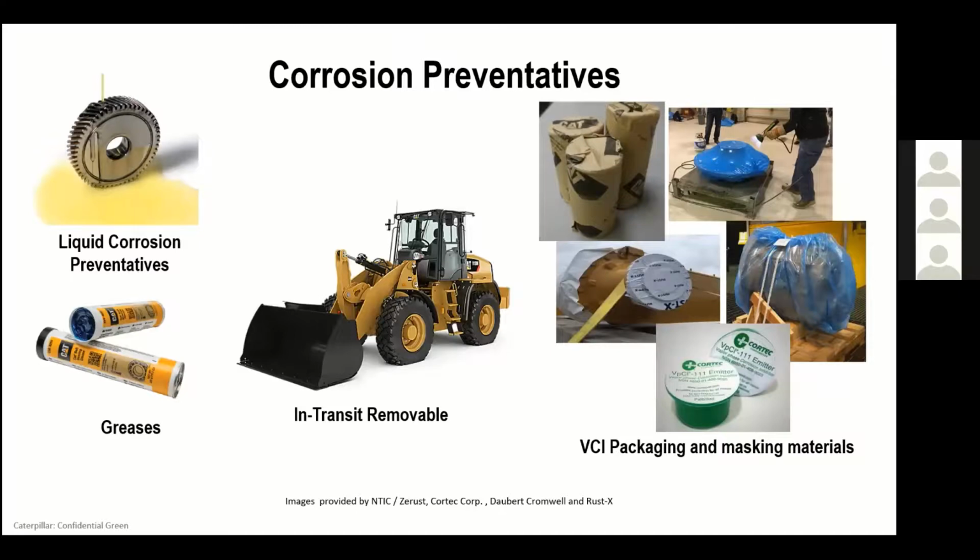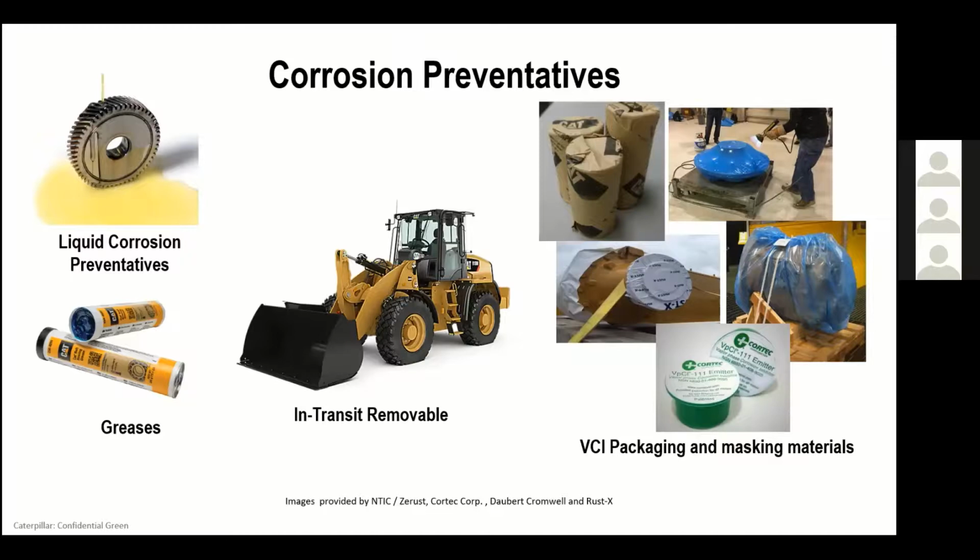So corrosion preventatives can come in a number of different forms. Probably, as I mentioned here with WD-40, that's a kind of solvent, water displacing type of corrosion preventative. There's also different types of oils, and they do put some of the VCIs, some of those amines, in the oils as well. Sometimes they fog those in, like in an engine, and I'll show you what that looks like a little later here.